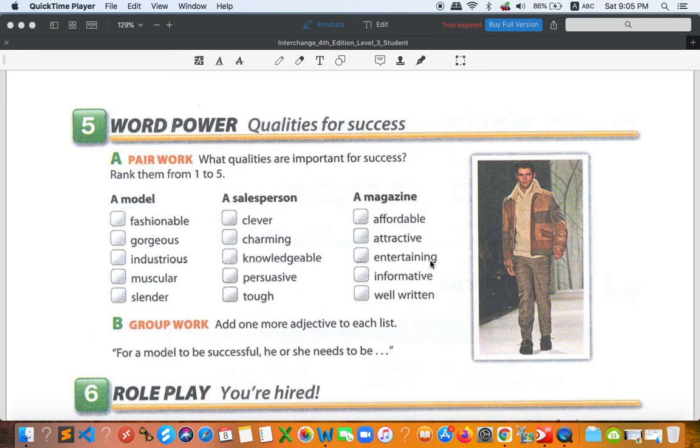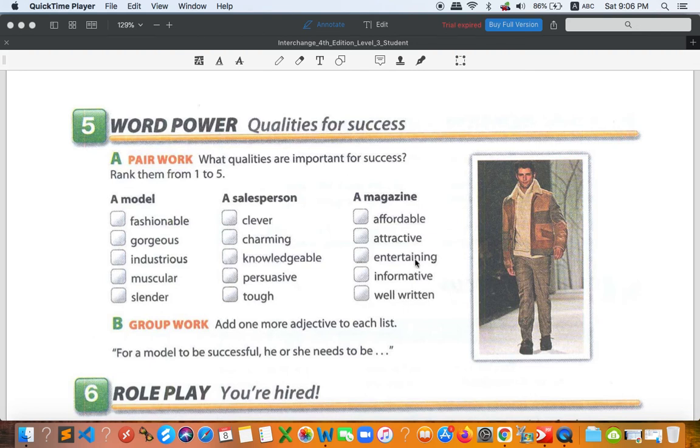Entertaining means a lot of programming that people can entertain themselves, like music or story, or any other things that can make people happy. Informative, full of information. Well written, you need to write the language, and the spelling must be well written.